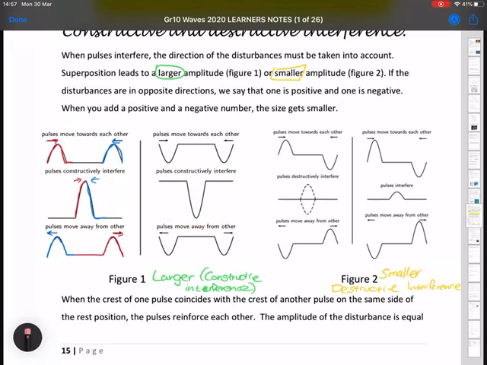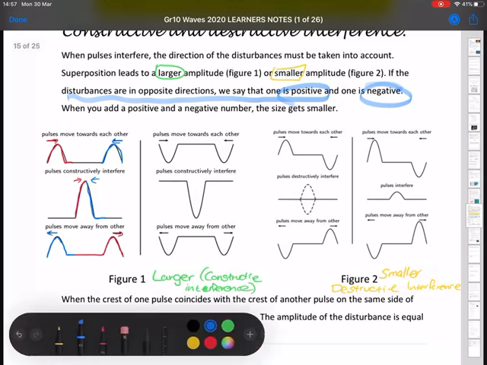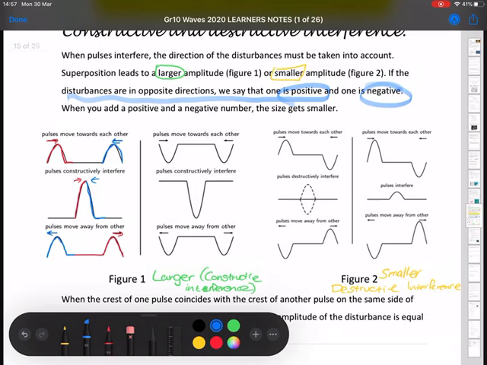Okay. So if the disturbances are in opposite directions, we say that one's positive and one's negative. When you add a positive and a negative number, the size gets smaller. So by that, I can show you what I mean now. Let's do positive in red.